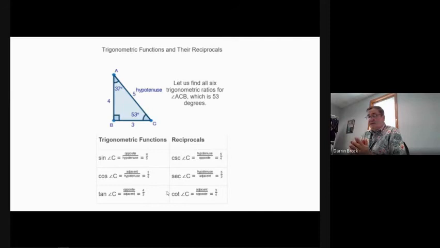All right, that makes sense. If you need to go back and review any of this video, please do. But remember, if we leave C and talk about angle A, all of these will change, because our opposite and adjacent sides change. If we go up to the 37-degree angle, 3 is now the opposite. And so sine will become 3/5 instead.